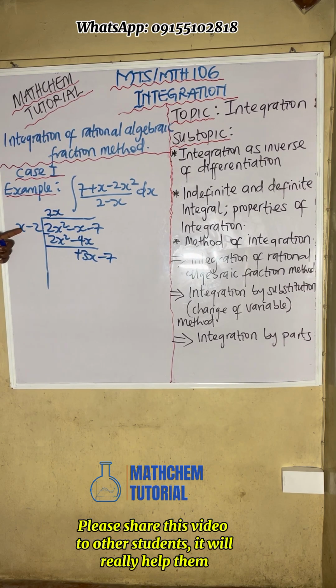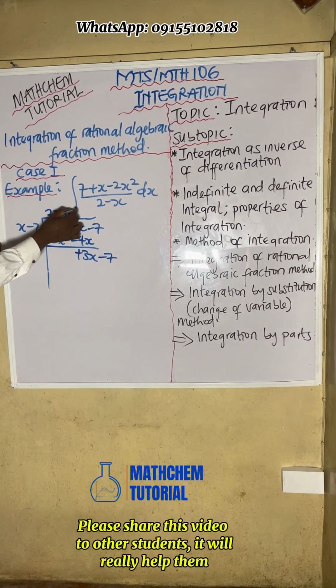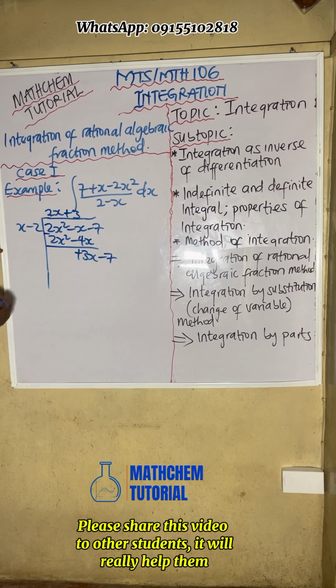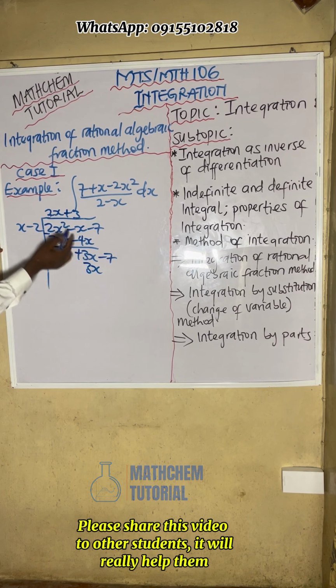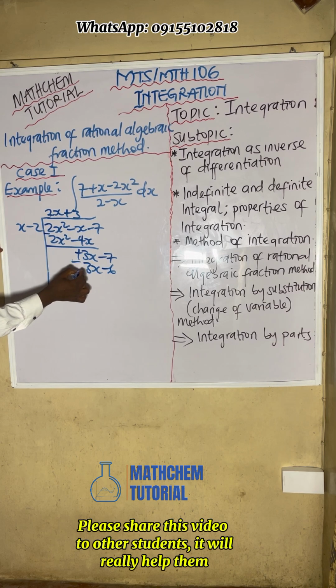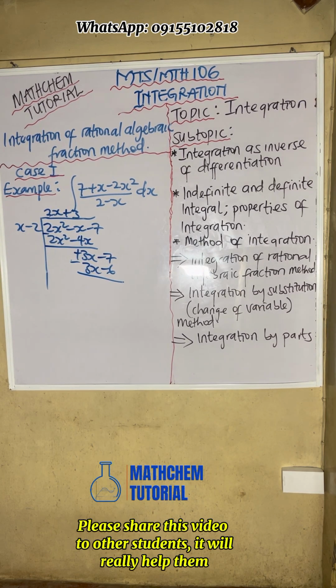Again, how many x can we see in 3x? That is plus 3. Plus 3 times x is 3x. Then plus 3 times minus 2 is minus 6. Let's subtract again. 3x minus 3x is 0.